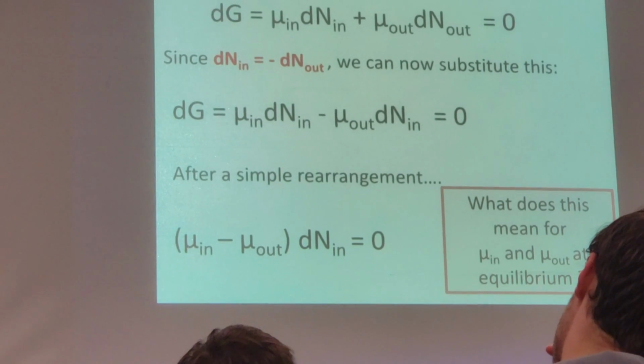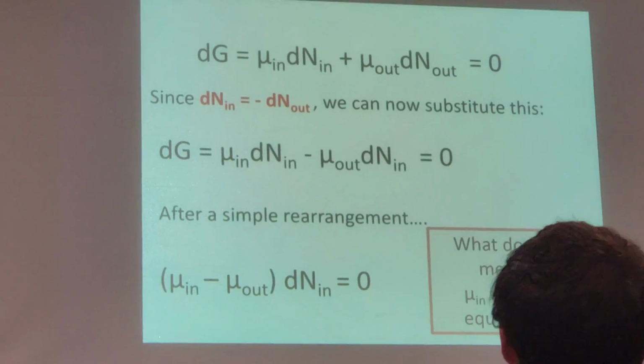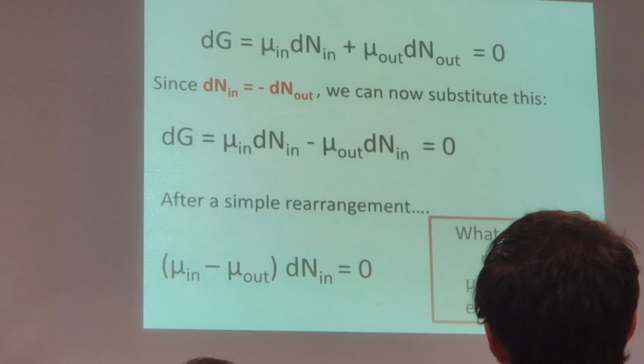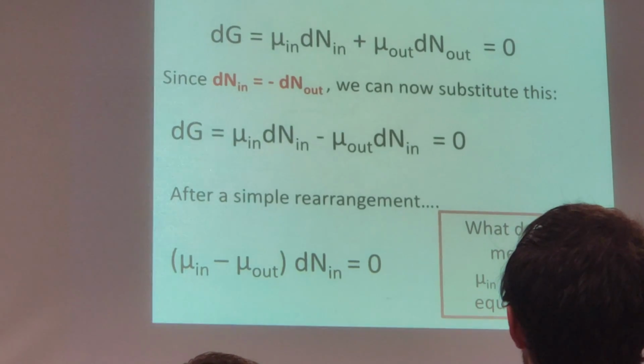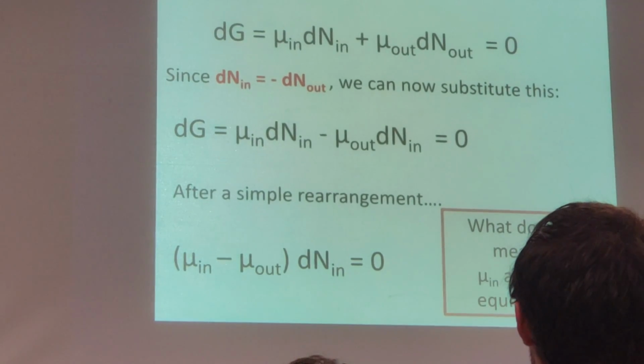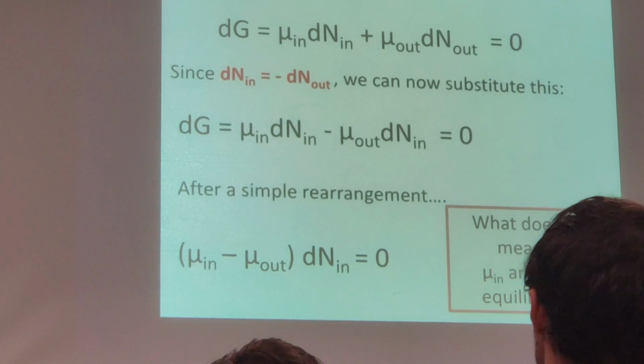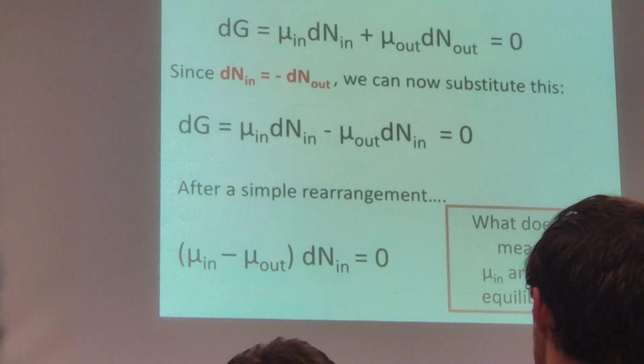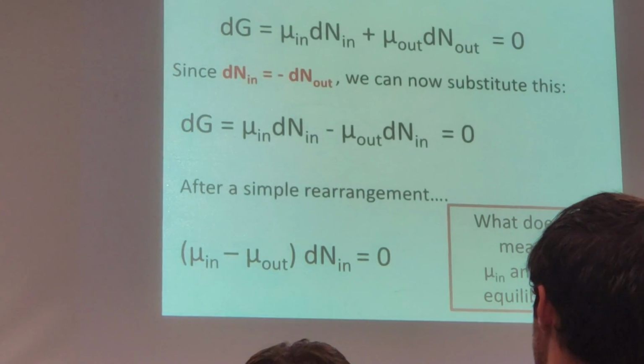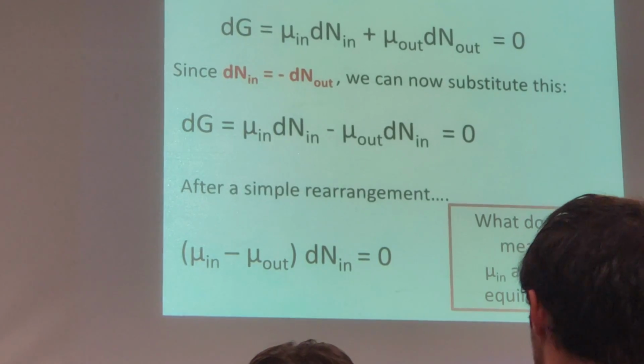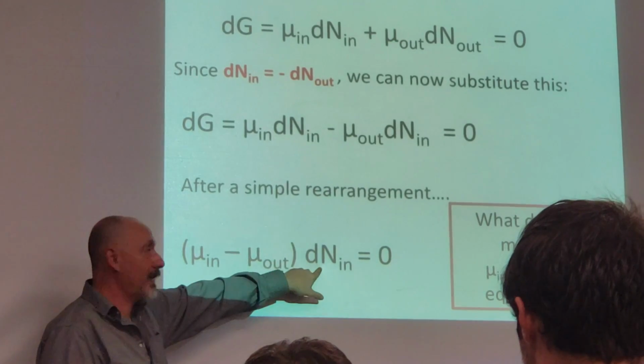All right, so if I'm at equilibrium, here's my final equation. What does that mean for mu in and mu out? They should be equal to each other, right? Because delta N is a concrete term.